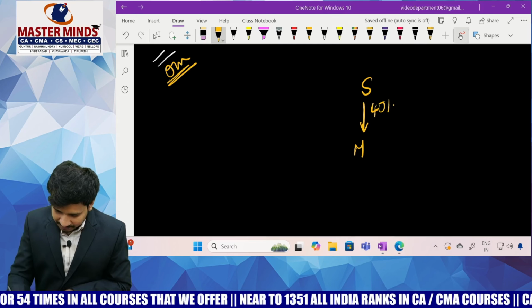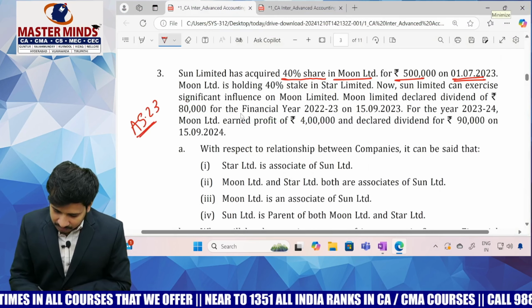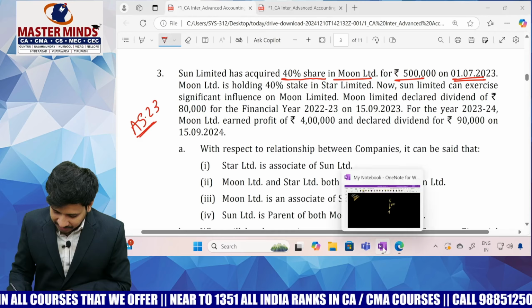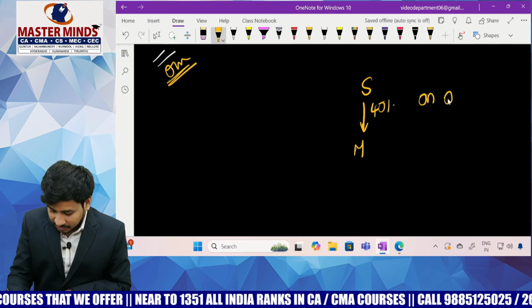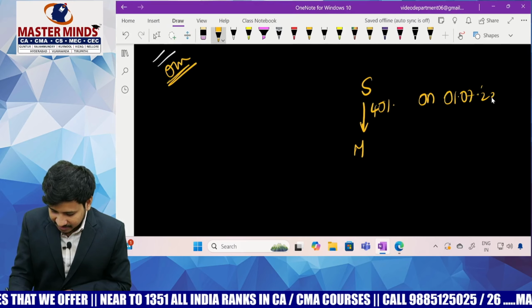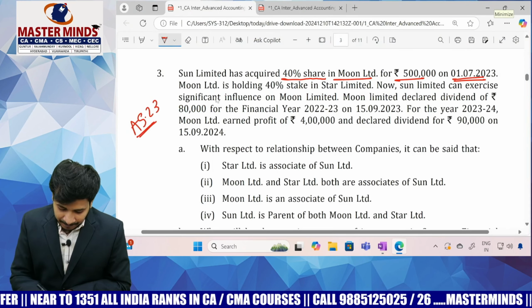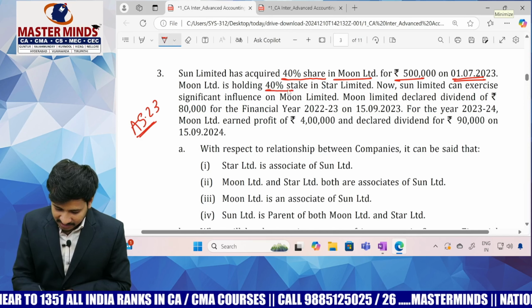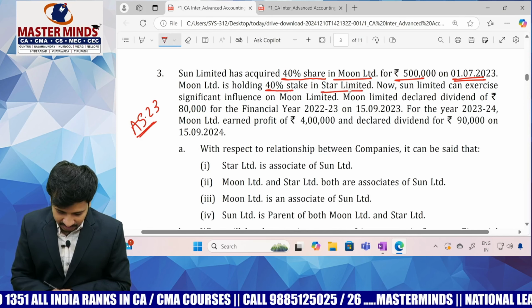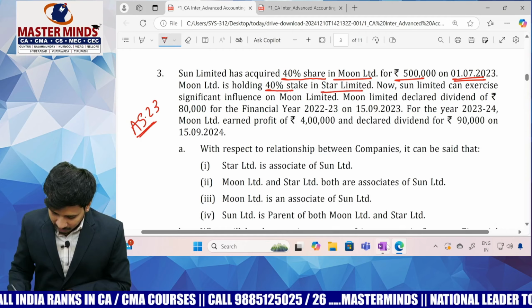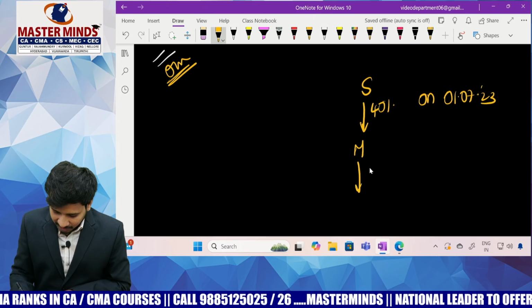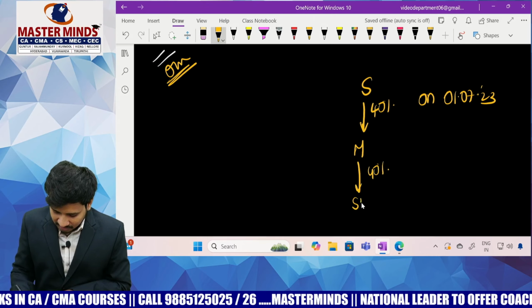Next, what happened? On 1/7/2023, on a specified date, Moon Limited is holding 40% stake in Star Limited. Okay, Moon Limited is having 40% in Star Limited.